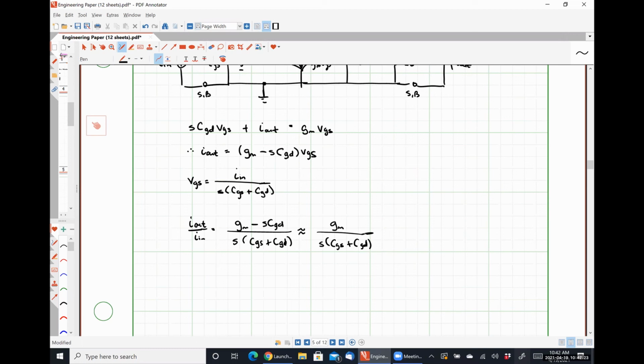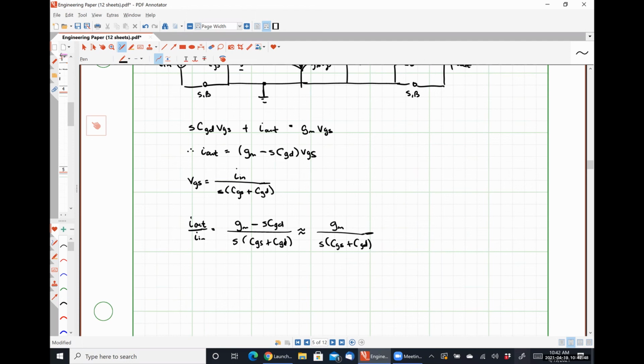Now, transconductance for a MOSFET was typically a little bit lower than that of a BJT. So we're talking about single digit to tens of milliamps per volt. Maybe actually we might see hundreds of microamps per volt. Our capacitances here will be on the order of 1 to 10 femtofarads.